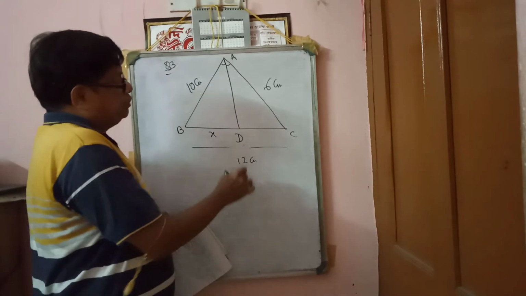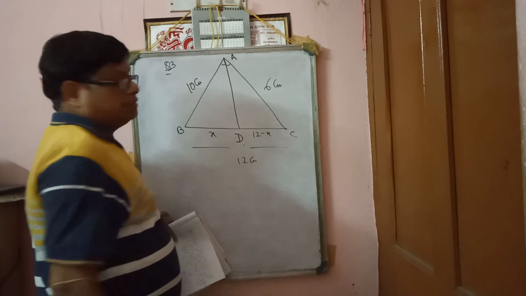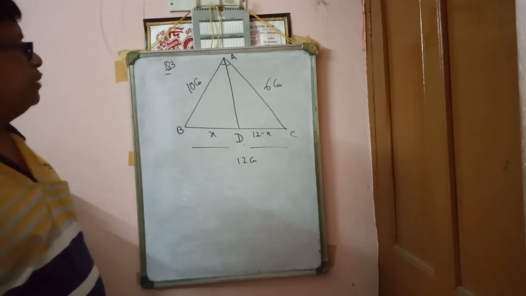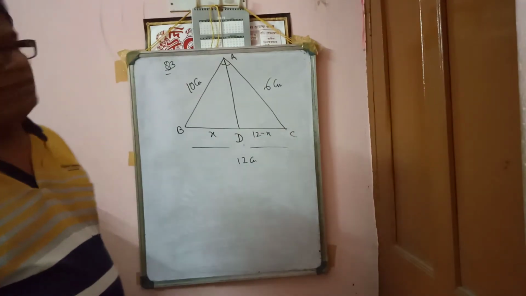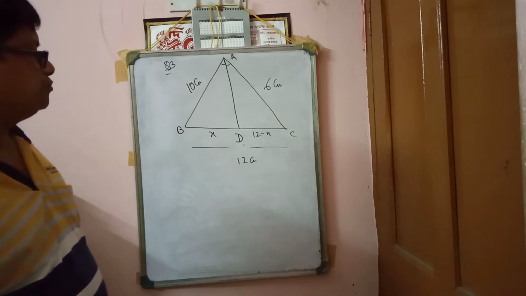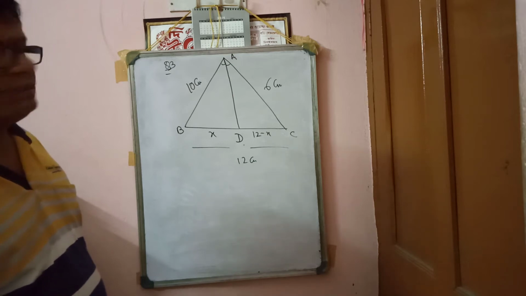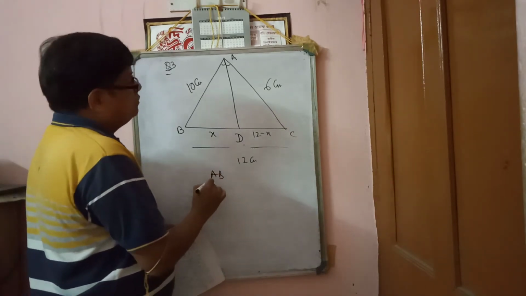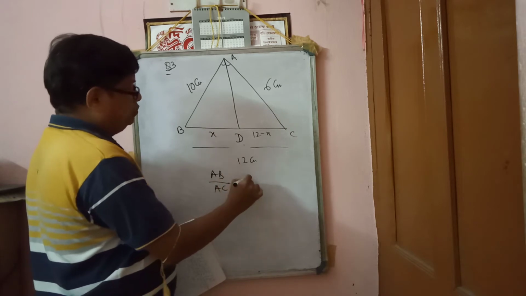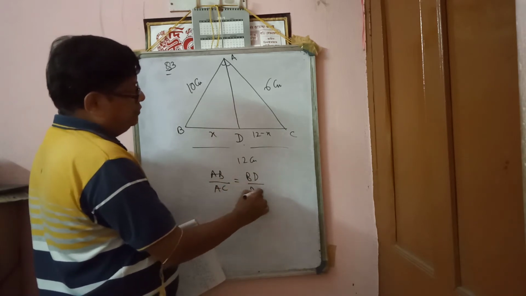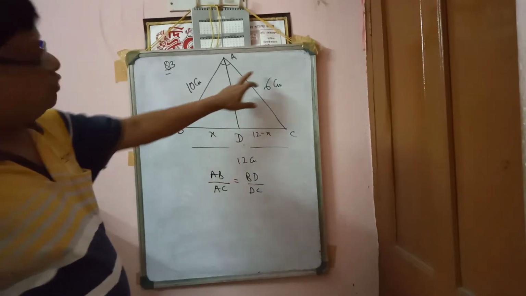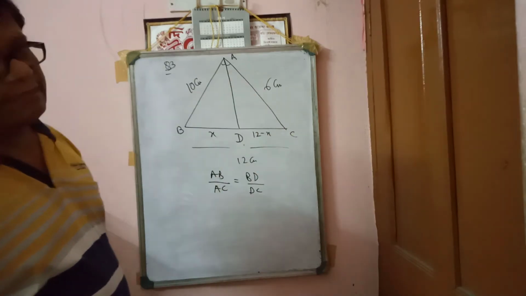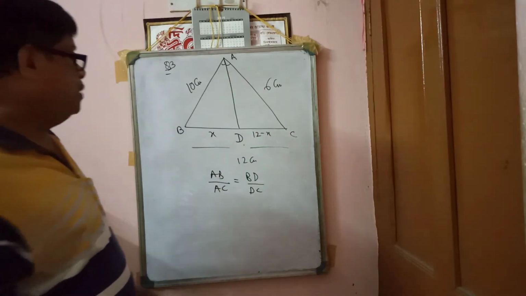Suppose this is X. So this part you can write as 12 minus X. Now since this is the bisector, you can write that AB by AC is equal to BD is to DC. Remember, these two sides' ratio is always equal to the ratio of the segments.